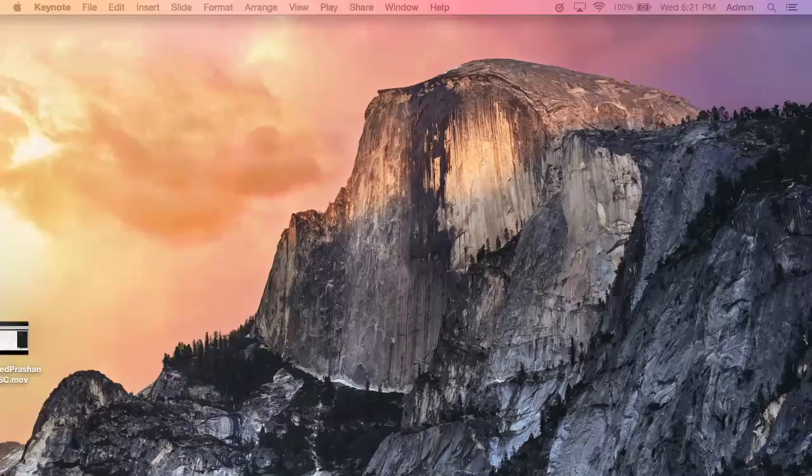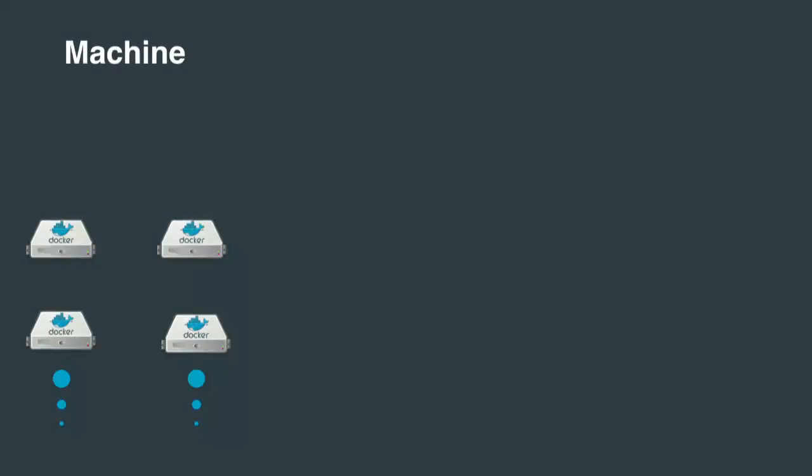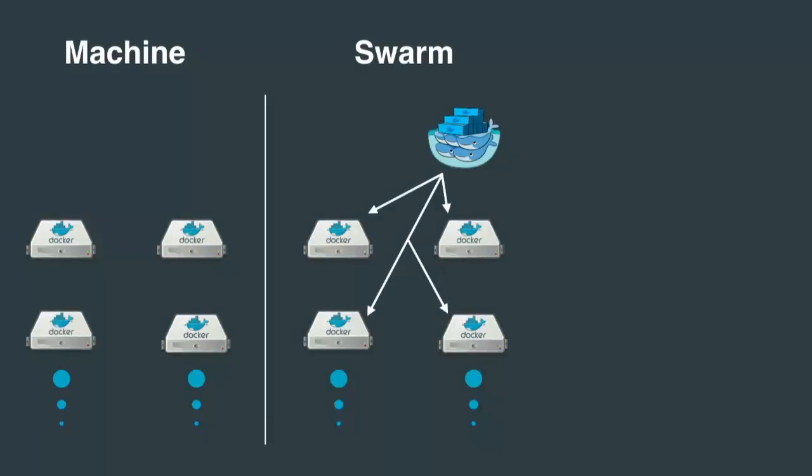So the first project we are going to talk about is Machine. With Docker Machine, you can easily set up new machines in any cloud provider with Docker installed on it. Then we're going to talk about Swarm. Swarm allows you to take all those hosts and it will create a virtual host, so you will be able to deploy containers very easily on your entire cluster.